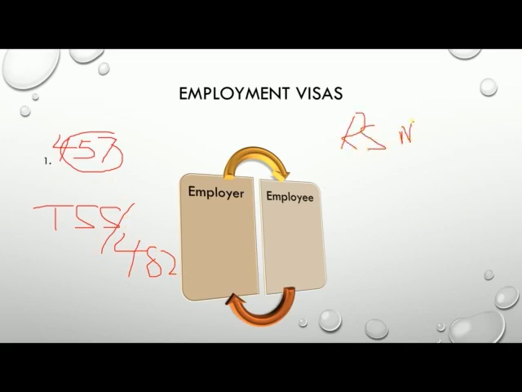This subclass is 187. This employer has to be in a regional area, regional Australia. And we have another one, this is a permanent one, 186. It's a permanent visa. Okay, so 482 is temporary, 187 is permanent, 186 is permanent as well.